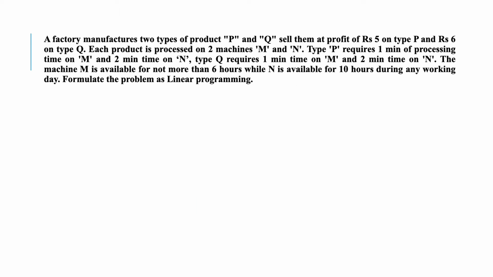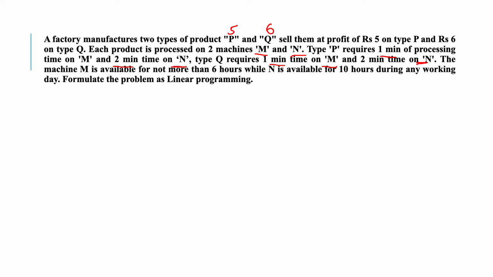In this example, a factory manufactures two types of products, P and Q, and sells them at a profit of ₹5 for product P and ₹6 for product Q. Each product is processed on two types of machines, M and N. Type P requires 1 minute of processing on machine M, whereas P requires 2 minutes on machine N. Similarly, Q requires 1 minute on machine M and 2 minutes on machine N for processing.